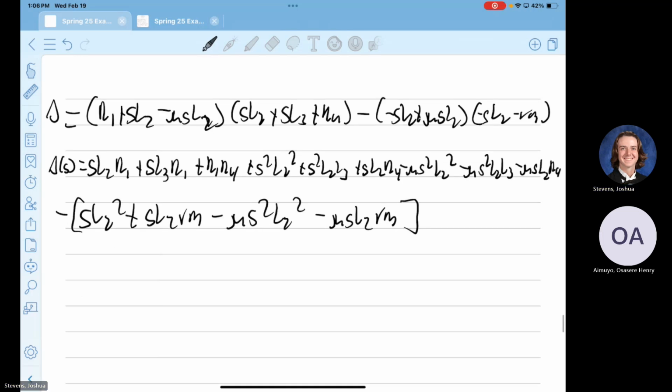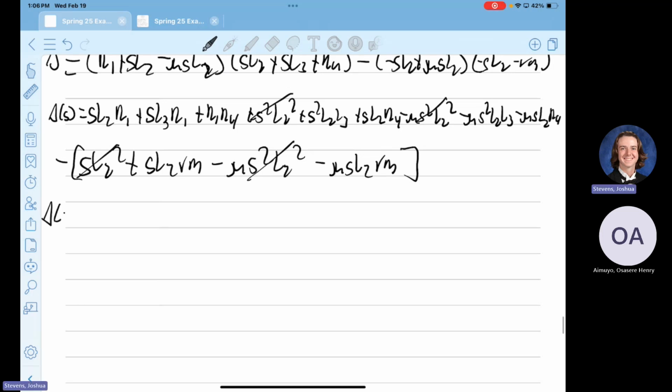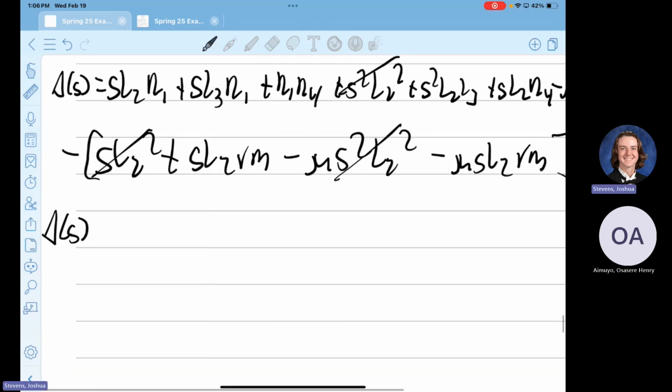Okay, cool. So now I can also cross out like terms. Boom, boom. And SL2 RM, I feel like I have that somewhere. I don't. I have this somewhere though. Yes. That's it. So our delta S, I'm gonna write this a little bit closer.